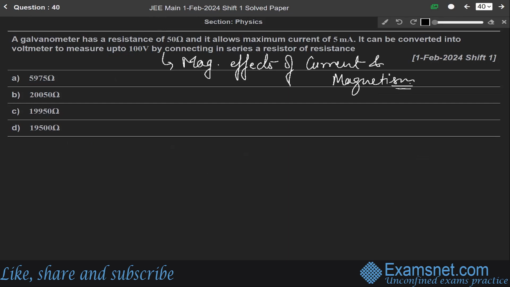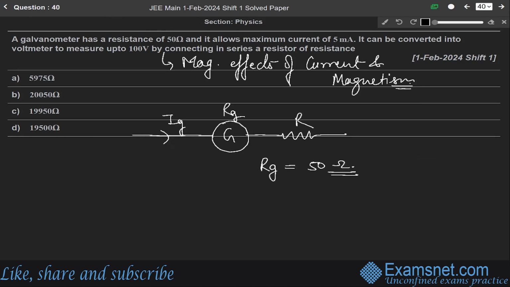Now according to this question, let us say this is Ig. This is galvanometer G, resistance Rg, and this is resistance R. Okay. Now, according to question, it has a resistance of 50 ohm, means Rg is given as 50 ohm, and it allows a maximum current of 5 milliampere, means Ig is equals to 5 milliampere, means 5 into 10 to the power minus 3 ampere.